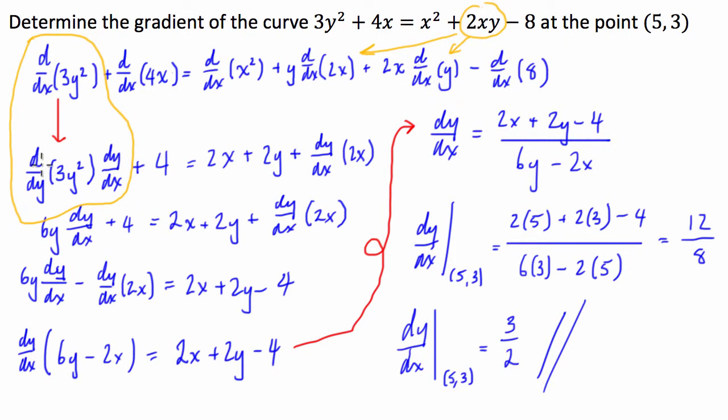Once you've leapfrogged over those two potholes, it's basically very elementary algebra to get to the end. So this bit here is where we're using the chain rule, and this bit here is where we're using the product rule.